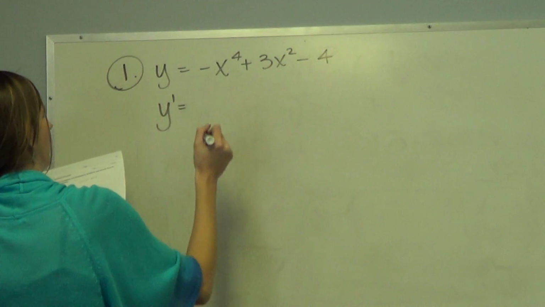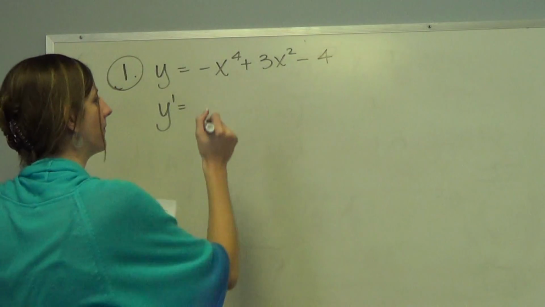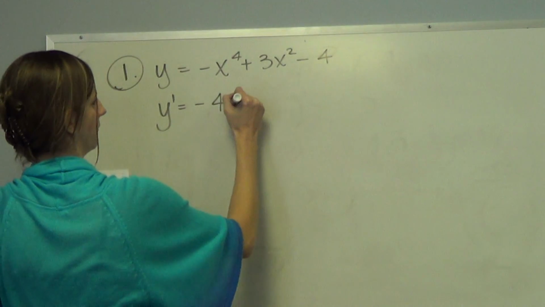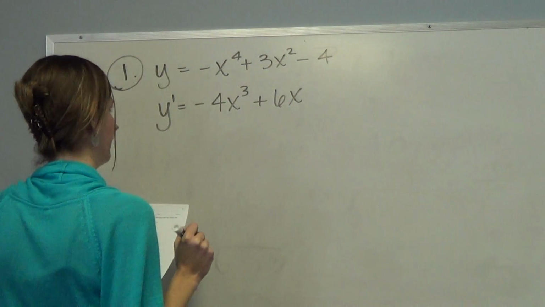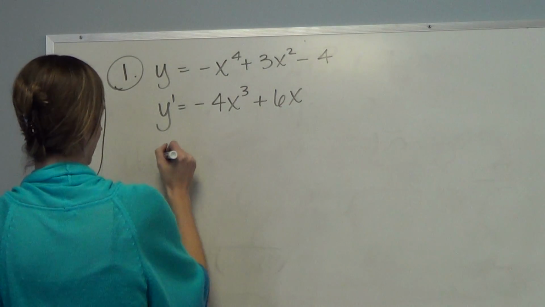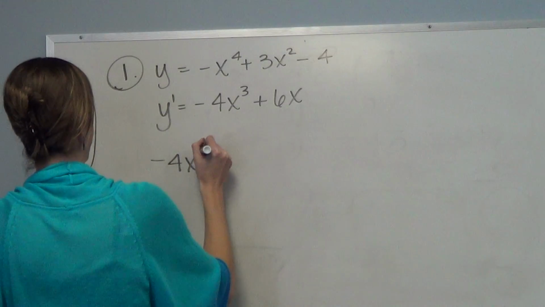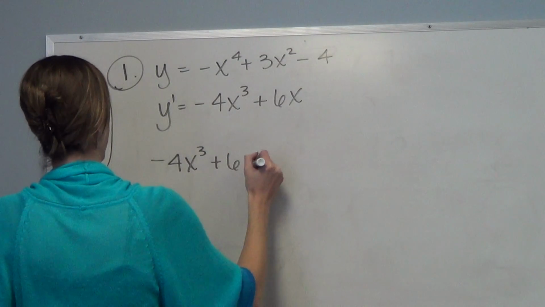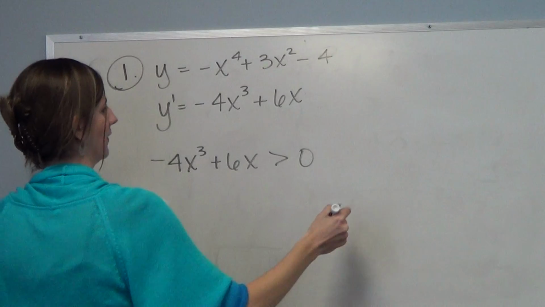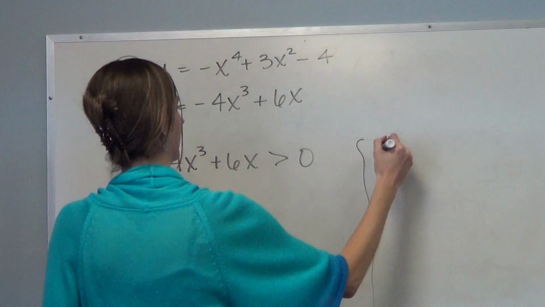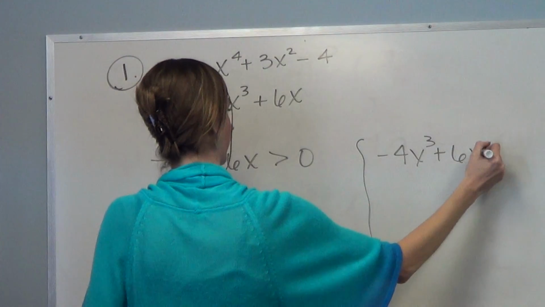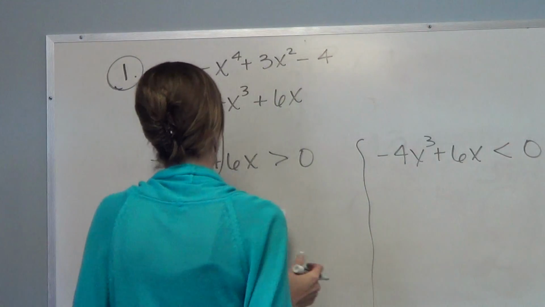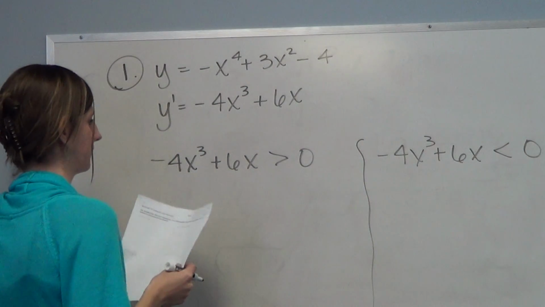Okay, so find the derivative, which would be what? Negative 4x cubed plus 6x. Okay, good. And then we set it greater than 0 to find out where it's increasing, and less than 0 to find out where it's decreasing.